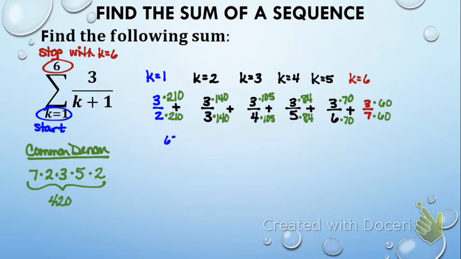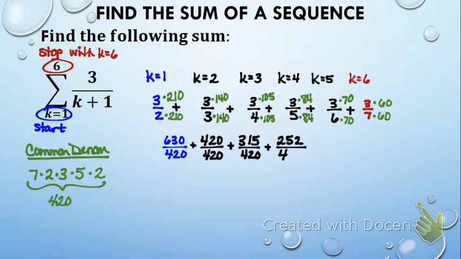So I have 630 over 420 plus 420 over 420 plus 315 over 420 plus 252 over 420 plus 210 over 420 plus 180 over 420.